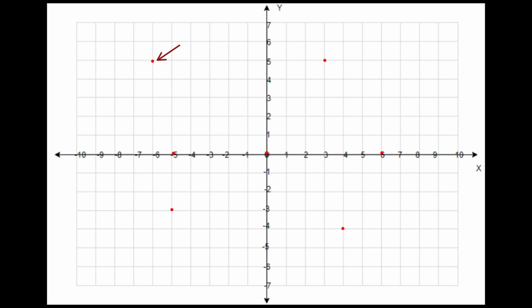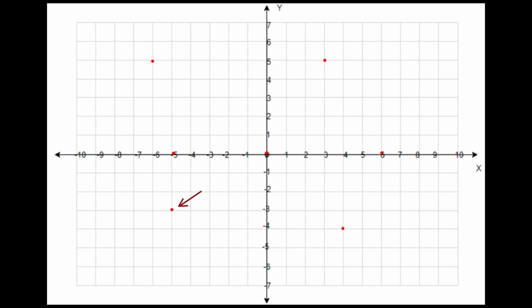Let's take this point. So in order to reach this point, we need to go 6 points towards the left on the x-axis. That is -6. And then 5 steps upwards towards the y-axis. So this point is -6, 5. Now let's take this point.